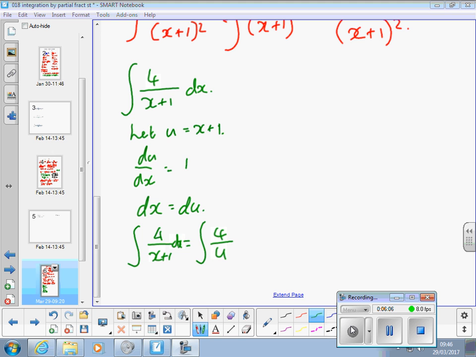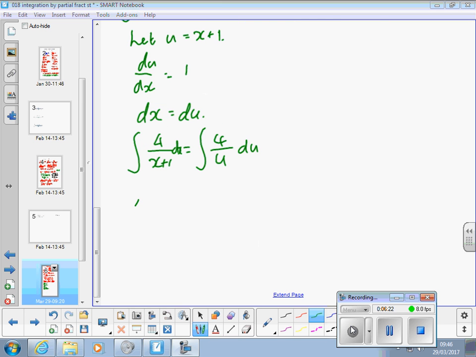In this one, I'm trying to show now the point of that bit. We want to write dx as du, because that's got to be with respect to that variable. So that's the reason you do that. Then we can take 4 outside, natural log, and we just replace u and plus c.